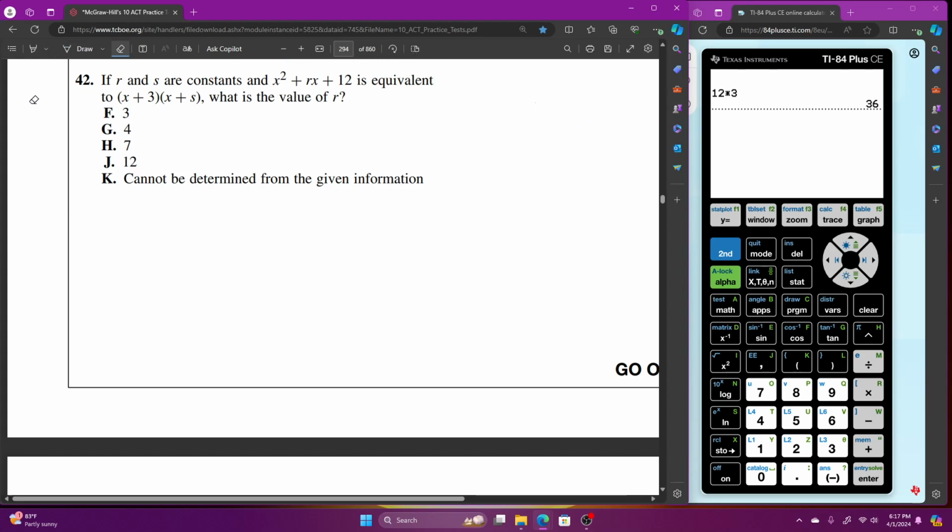If r and s are constants and x squared plus rx plus 12 is equivalent to x plus 3 times x plus s, what is the value of r? Okay, I'm going to think about this in an area model.